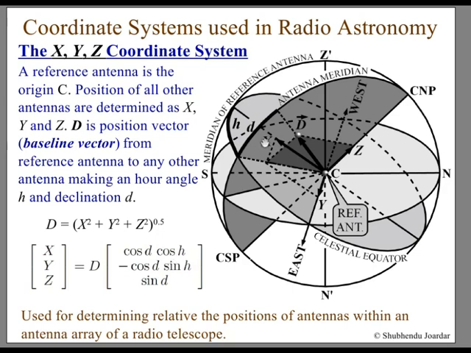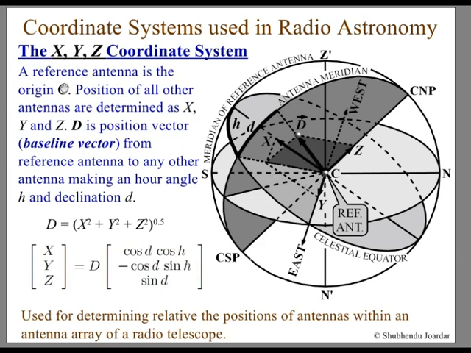D stands for declination, H for the hour angle. This is the meridian of the reference antenna, and this is the meridian of the test antenna. So the angle between them is H, and if you project the position of this antenna on the celestial sphere, you will see some point here, and this angle is the declination of the test antenna. When you substitute this, you can get the XYZ from the relationship between these two.